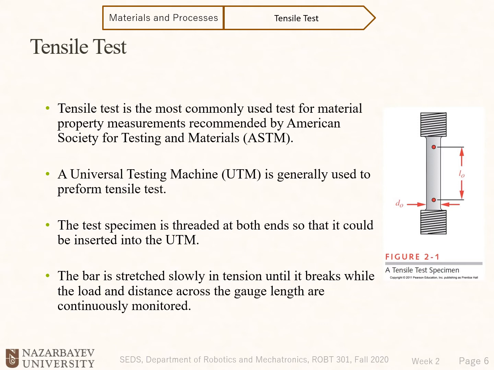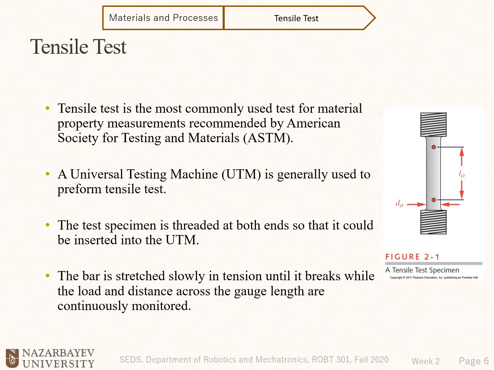The tensile test, which will be the topic of the coming slides, is the most important test to extract mechanical property of materials. A universal testing machine, or UTM, is generally used to perform tensile tests. You will see what a UTM is and how we could use it to extract mechanical property.